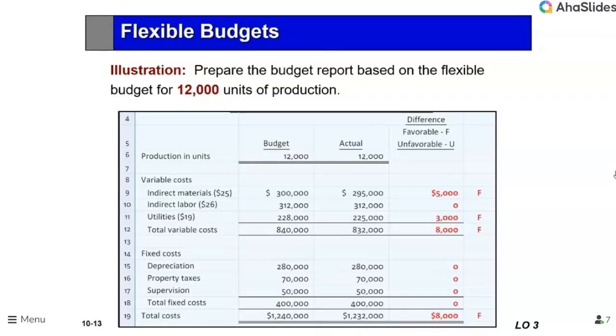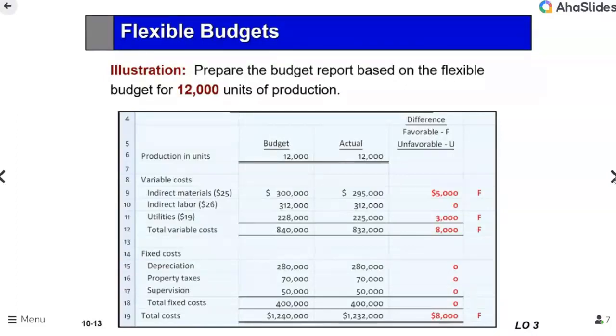But you wouldn't know that if you compared actual to the static budget. You have to take the static budget and say, okay, in the static budget, we have these variable costs that he's predicting, and we're going to restate that static budget at the level of activity that was actually achieved.